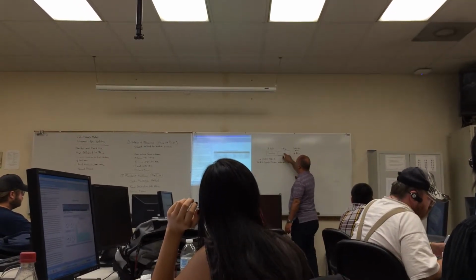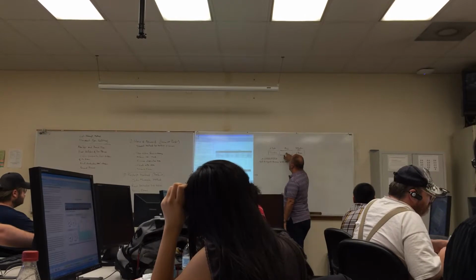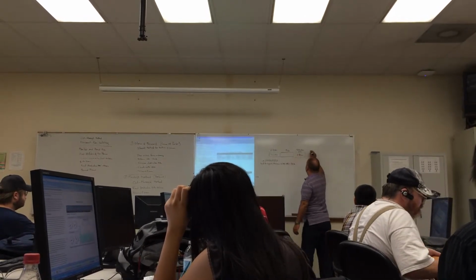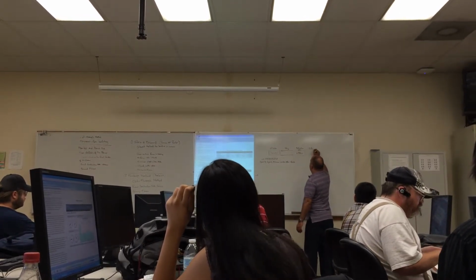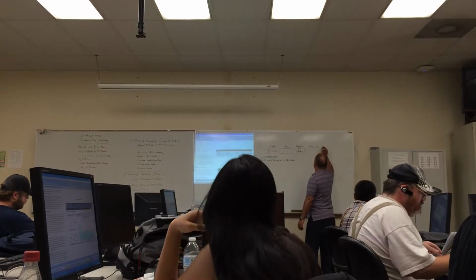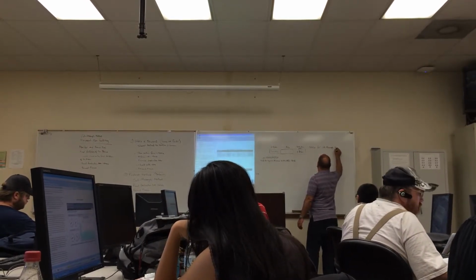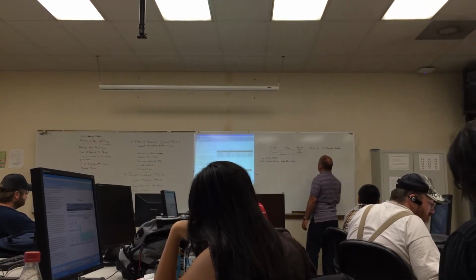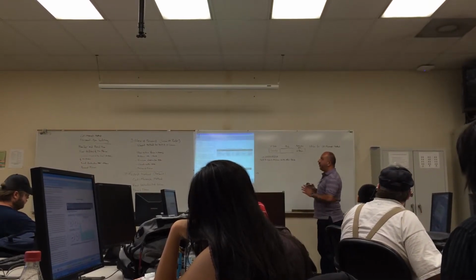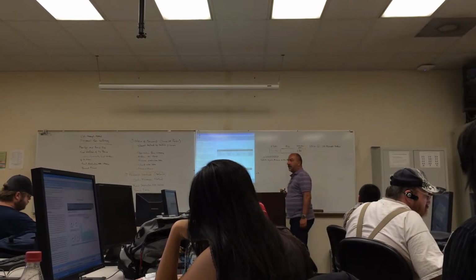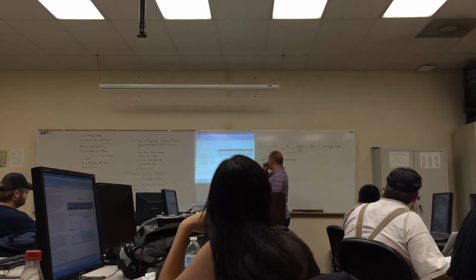So 6 plus 1 is 7, 7 plus 7 is 14 bytes. That's for the cut-through method. So you have to read only 14 bytes before you forward the frame to the destination.